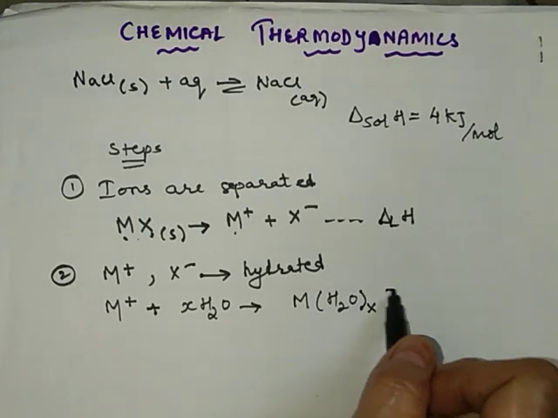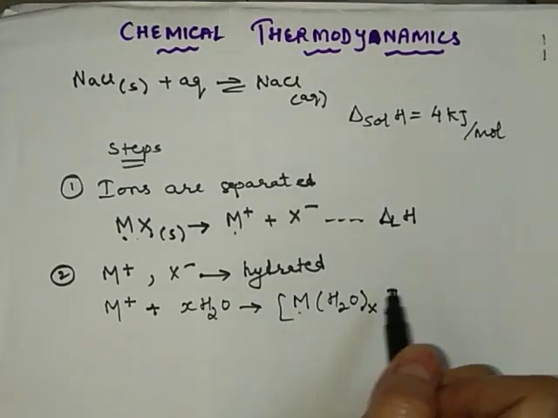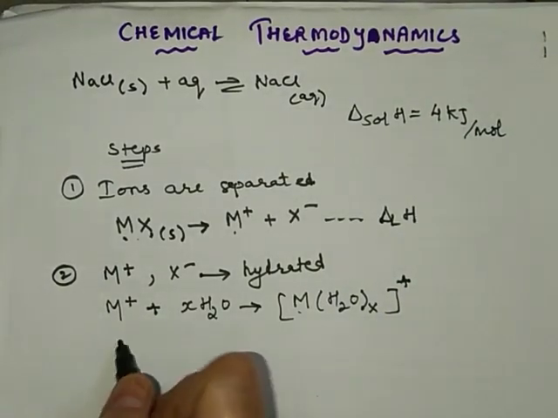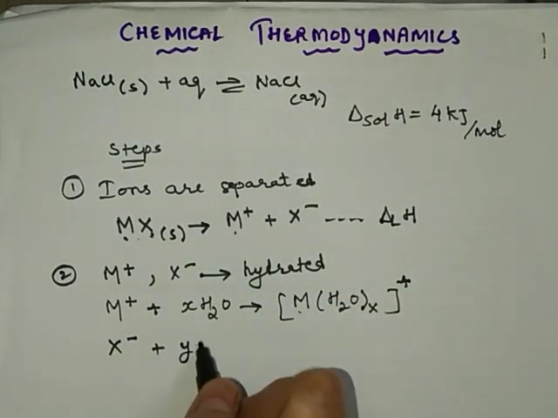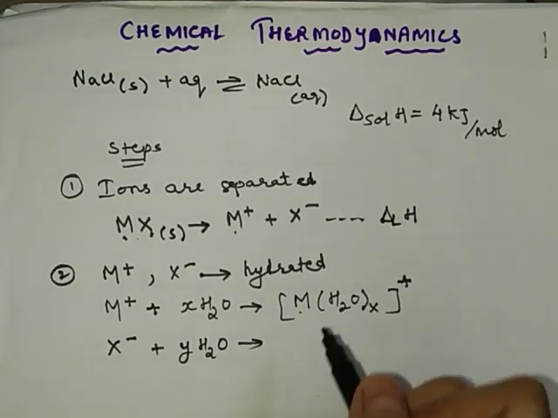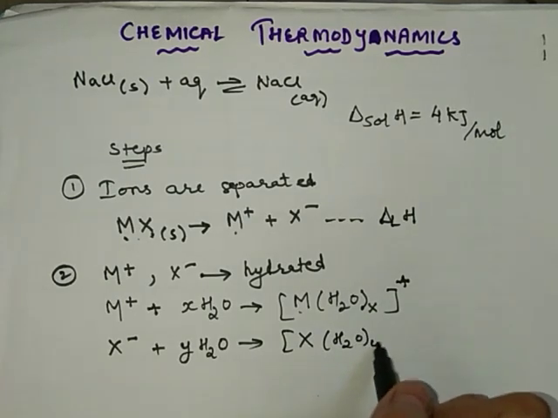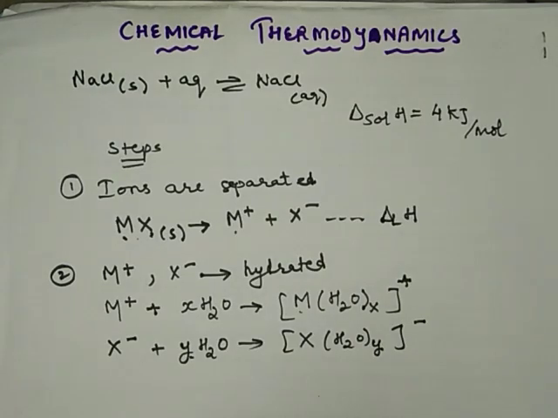Now we know water is neutral, so what will the charge on the whole complex be? Whatever charge I have on the metal, in this way. And X minus, the anion that was formed, will also get hydrated by some number of water molecules. Let us say that number is y. So the complex formed is what? H2O, y molecules we have taken, and the net charge on this will be minus.